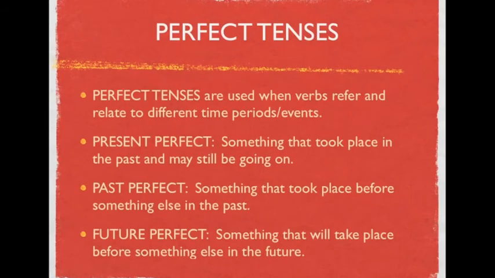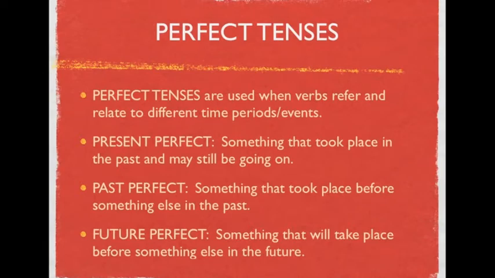Now, here are the perfect tenses, which seem to be kind of the most confusing, but just like the others, you use a pretty simple formula to figure them out. And when we get to the Moby video in a moment, I think you'll have a good opportunity to do that. So, perfect tenses.